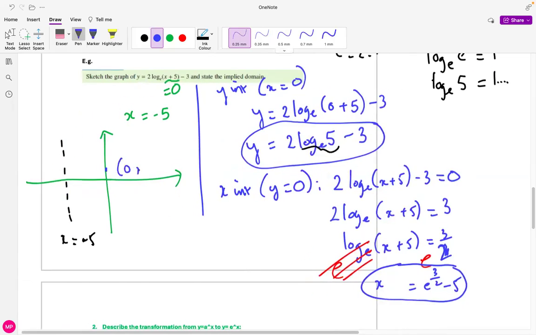So it's 2 log a of 5 minus 3. Therefore, because the shape goes like that, for sure my x-intercept will be somewhere in the negative region, e to the power of 3 over 2 minus 5, from 0. And there you go, you can link them together.